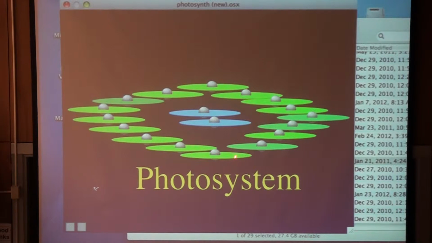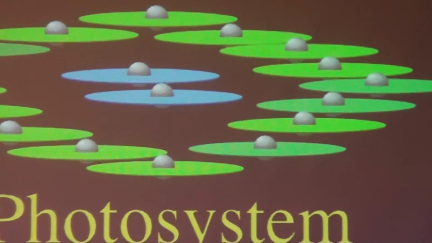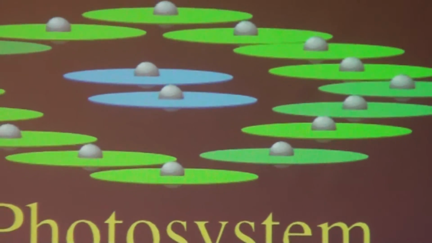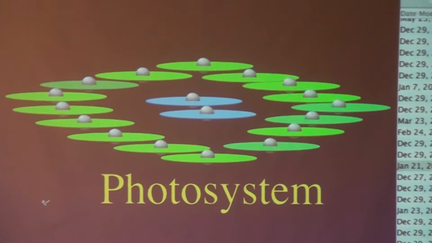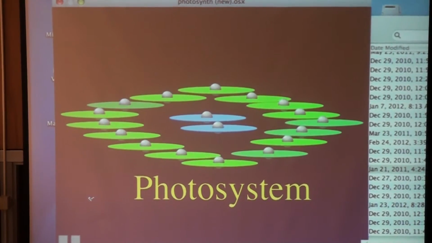Here's one and here's one, slightly different colors. And that's just to denote the fact that there's actually two variations of chlorophyll that you find in plants. One's called chlorophyll A and chlorophyll B. And don't worry about what the molecular distinction is between them, but just two slight different variations. But they both still absorb photons and energize electrons.